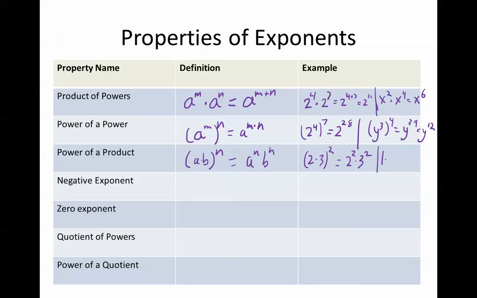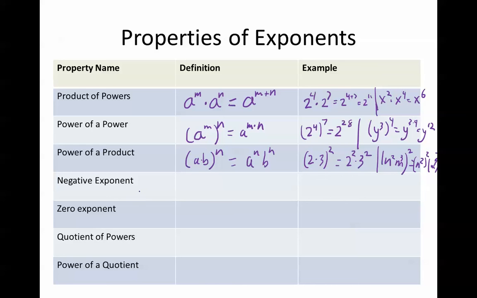Or with variables, if I had n squared m cubed, squared, this would be n squared squared times m cubed squared. Whatever was in the parentheses is being squared, as long as it's being multiplied.